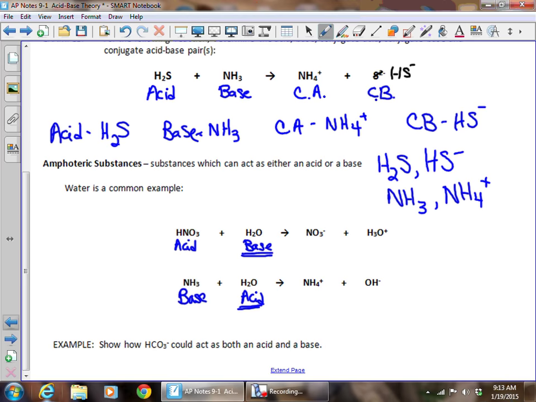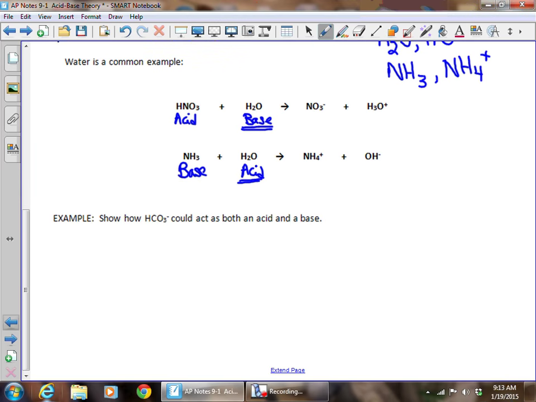There are other amphoteric substances. These are substances, again, that can act as both an acid and base. And an example shows how HCO3- could act as both an acid and a base. I'm going to react it first with an acid, acetic acid. I use that a lot as an example because AP loves their acetic acid. And I'm going to also show it reacting with ammonia.